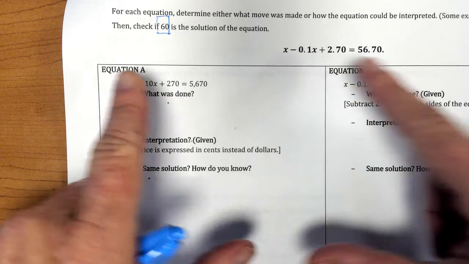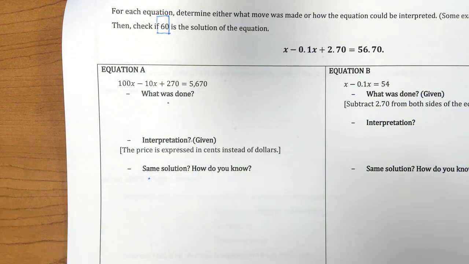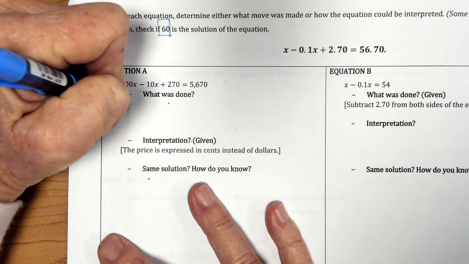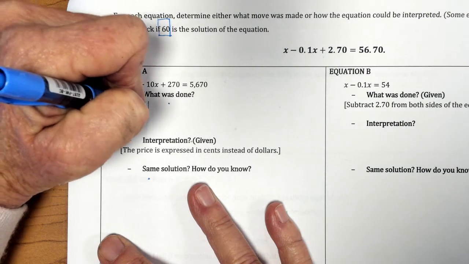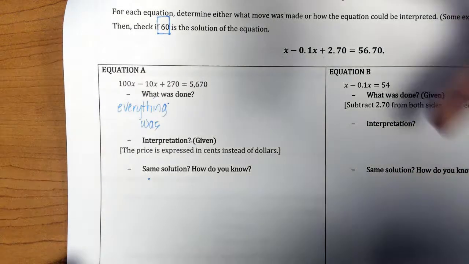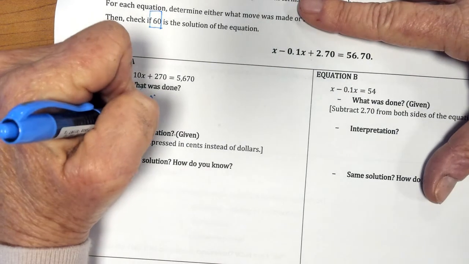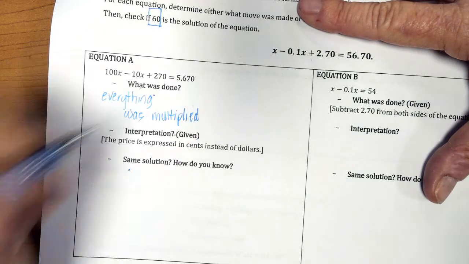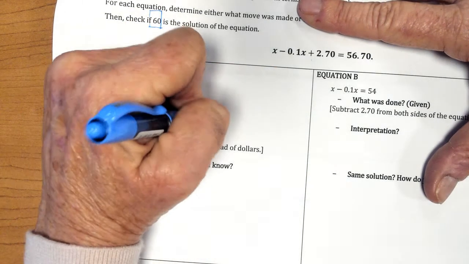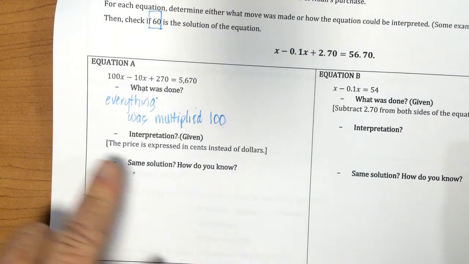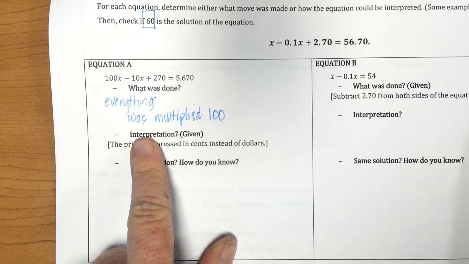So what happened? Well, it looks like everything was multiplied by what? Hopefully you said it was multiplied by 100. So let's interpret why they did it.